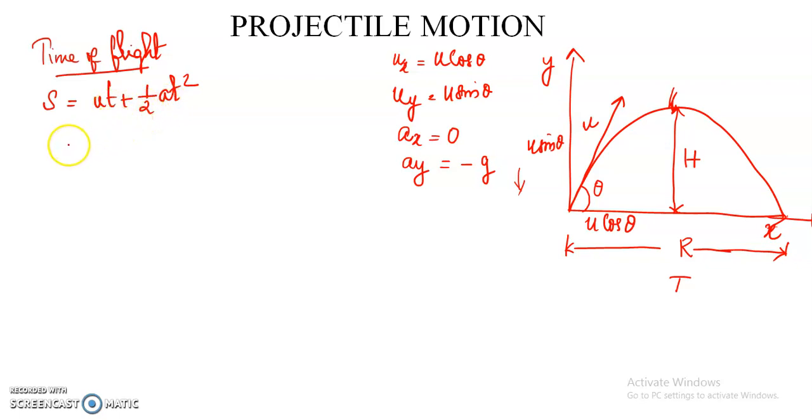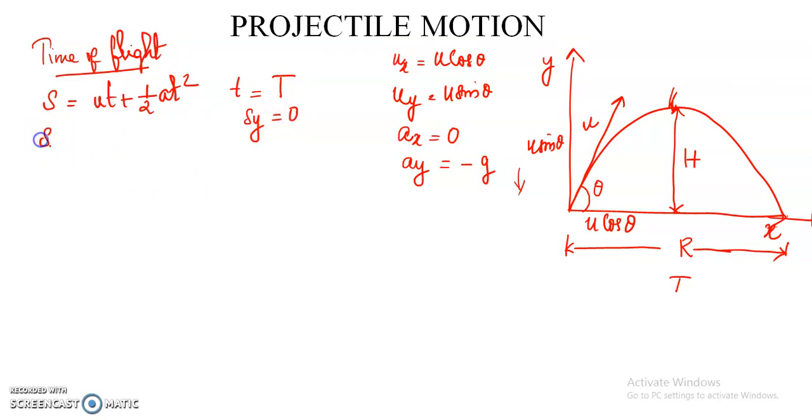So when the projectile touches the horizontal ground, the time taken t will be termed as time of flight, and t equal to T. When it touches the ground, the vertical displacement sy becomes equal to 0.